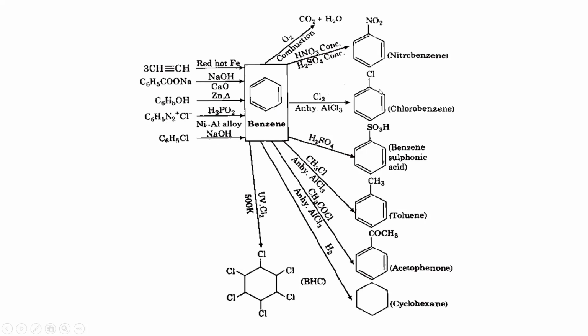And on the right hand side of your screen, we have the chemical properties of benzene, that is when benzene undergoes combustion reaction, nitration, chlorination, sulfonation, Friedel-Crafts alkylation, Friedel-Crafts acylation. These are the chemical reactions that we obtain for benzene.